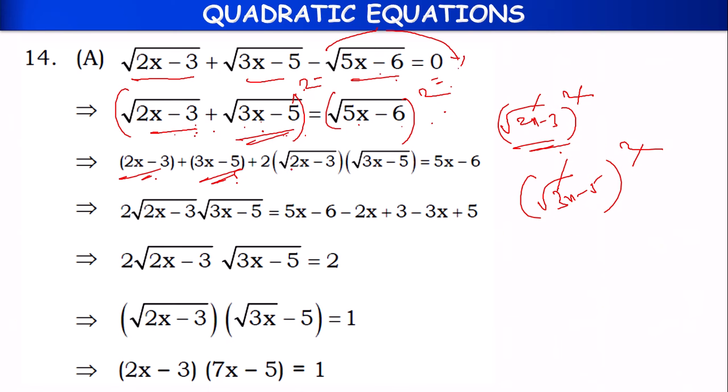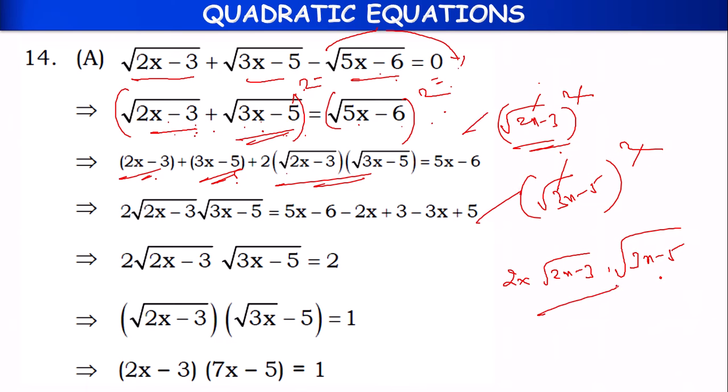After that, we will have 2ab, means 2 into root of 2x minus 3 into root of 3x minus 5. So this is the a square value, this is the b square value, and this is 2ab, as per the algebraic formula. That is the LHS part.